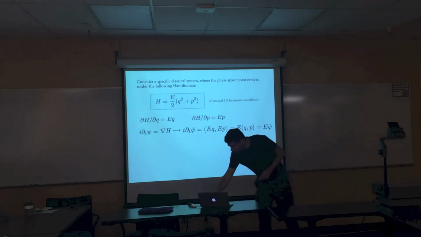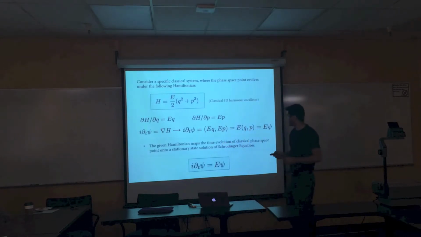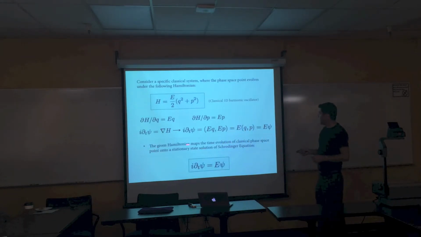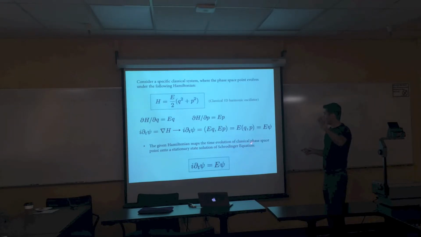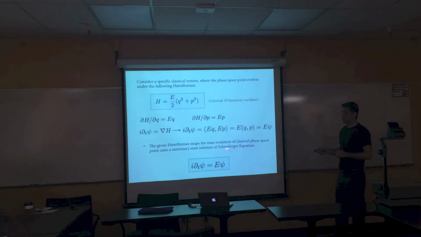So what we have reproduced here is a map of the time evolution of a classical phase space point onto a stationary state solution of a Schrodinger equation, with which we can identify E as the energy. Okay? So this is just a mathematical mapping.